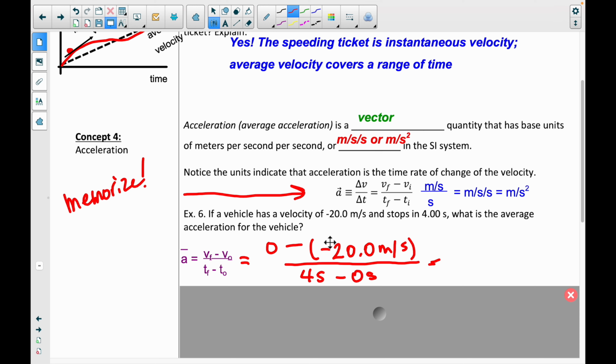Okay, so we have a positive 20 meters per second, and 4 seconds on the bottom, that's 5 meters per second squared. Or in other words, every second it is slowing down by 5 meters per second. Every second it changes another 5 meters per second.